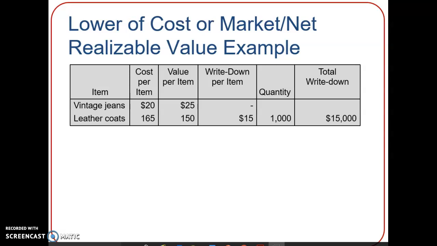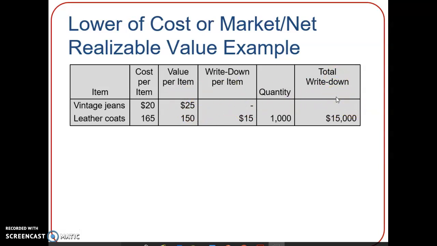We mentioned the example of merchandisers who sell clothes, and if we have vintage jeans, historical cost is $20, the current market value is $25, then we don't need to do anything. There's no write down.